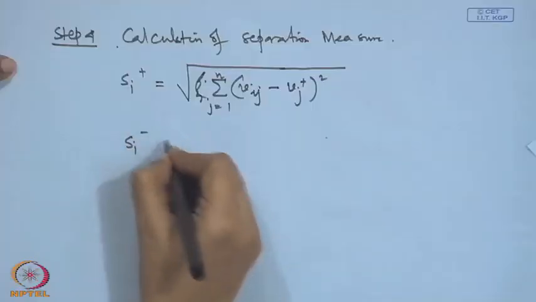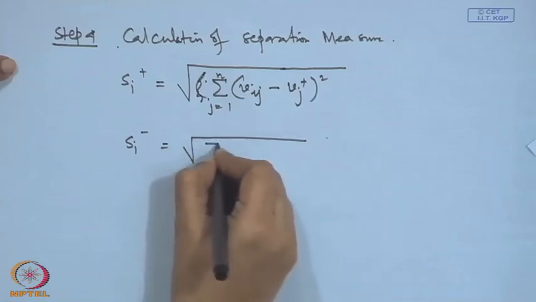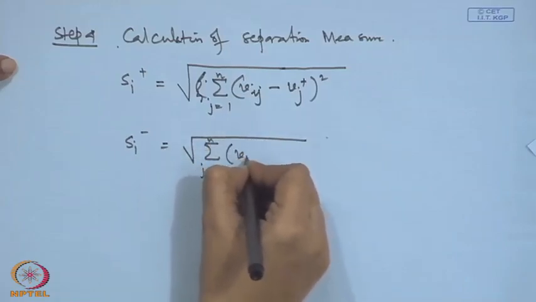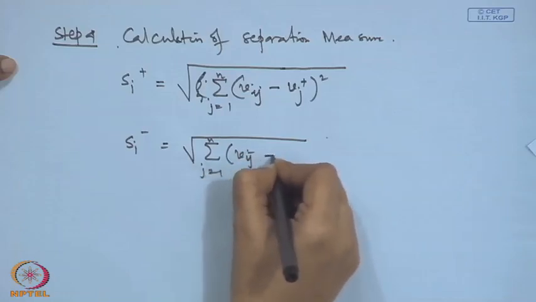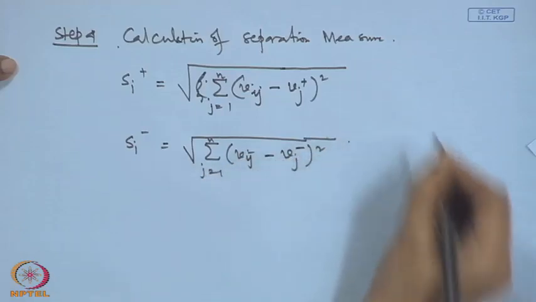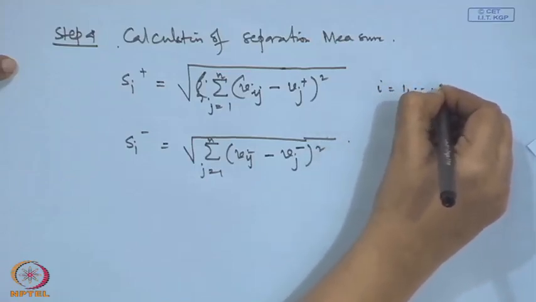Similarly, we calculate the separation measure for the distance from the anti-ideal solution as well: V i j minus V j minus, squared, for all i from 1 to m.